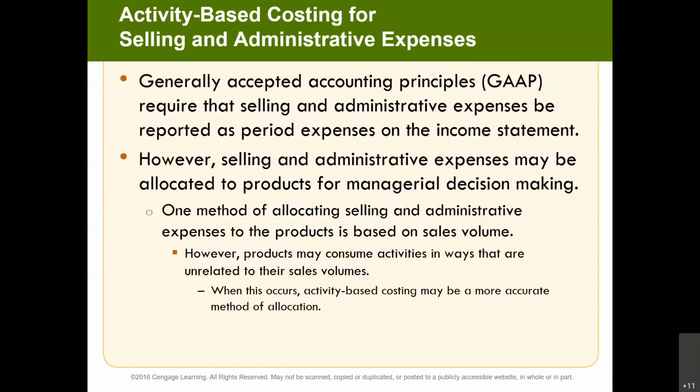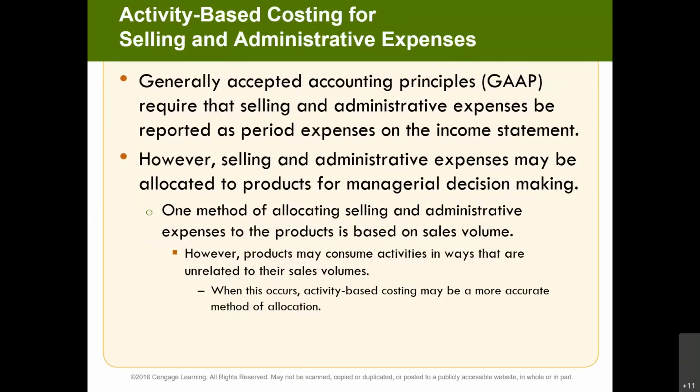So what about selling and administrative expenses? We learned that these are typically allocated at some point in the process, right? If it's something like single plant-wide overhead, then it's simply applied across, right?